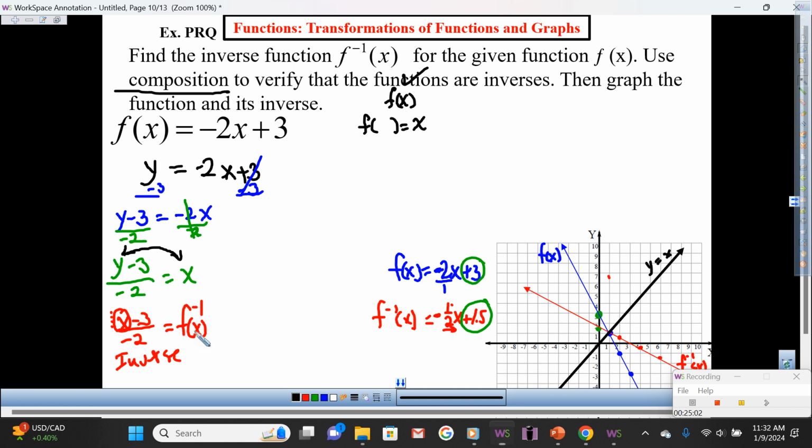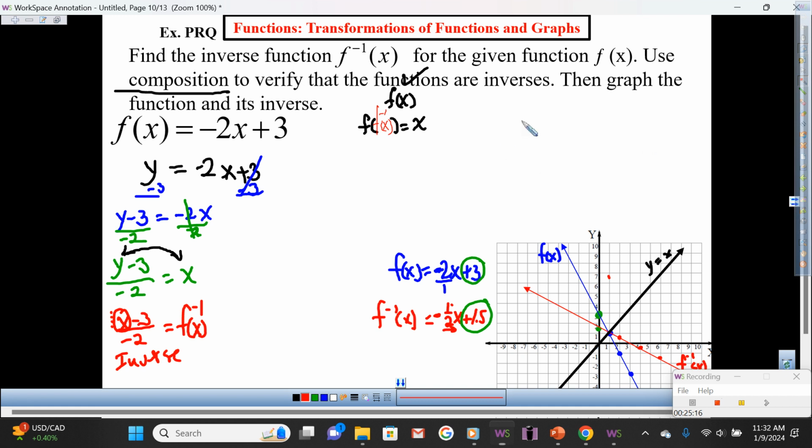However, instead of substituting numbers, we're going to substitute the inverse, f inverse of x. You're like, what? Yeah, it's a piece of cake.